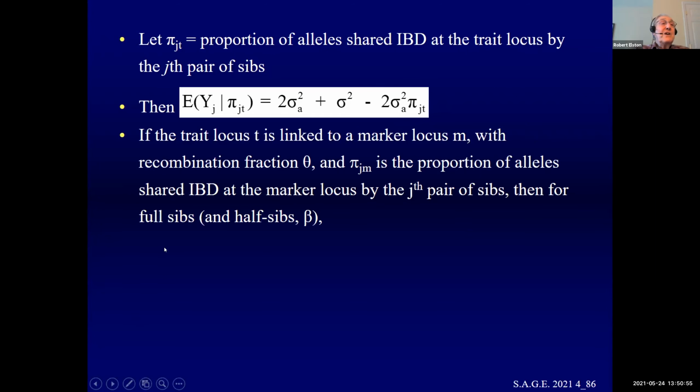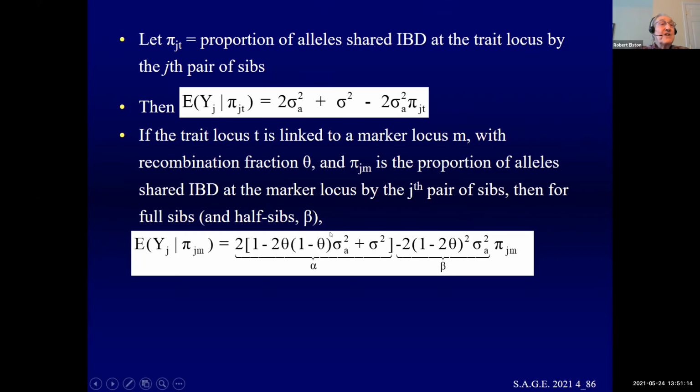Now, if the trait locus T is linked to a marker locus M with recombination fraction theta, and pi_jM is the proportion of alleles shared identical by descent at the marker locus by the jth pair, then for full sibs, and also for half sibs as far as beta goes, this is the regression on pi_jt. Now we're going to do the regression on pi_jM.